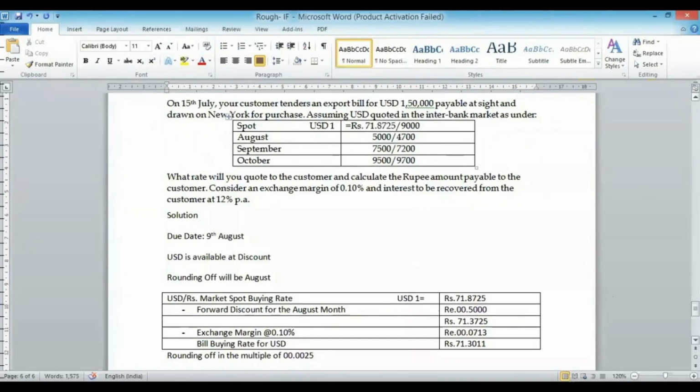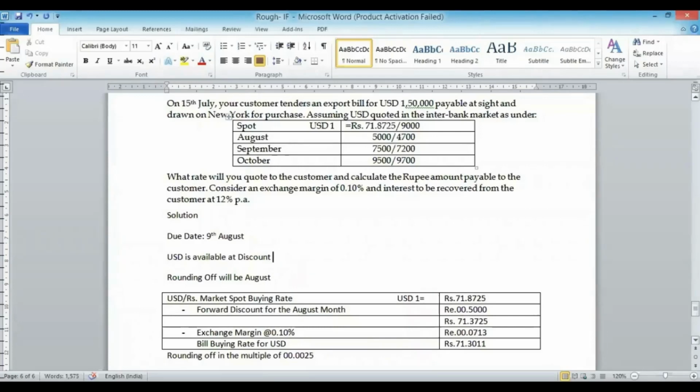But the problem is, as we already discussed, that forward discount or forward margin, a forward premium, is not the income to the bank. Whatever the bank has generated from the foreign bank, that is passed to the customer in the form of premium or discount.